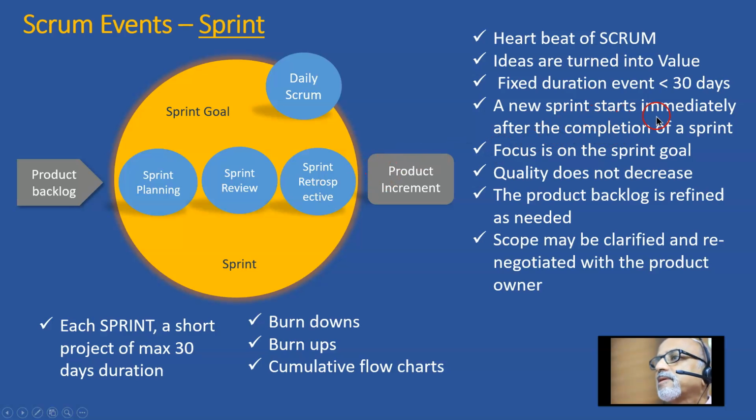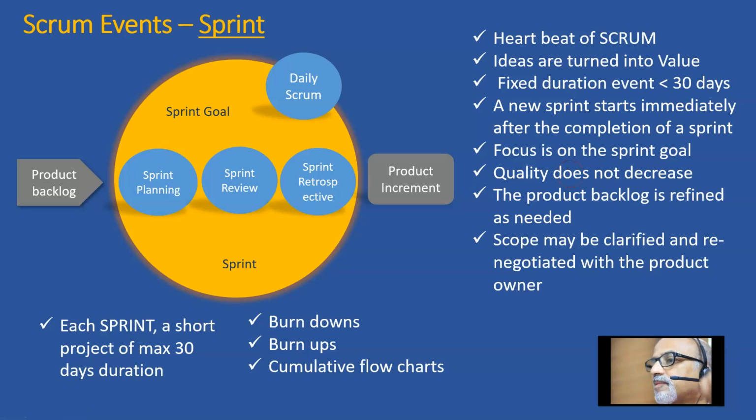A new sprint starts immediately after the completion of a sprint. As soon as one sprint gets over, the next sprint starts. Focus is on the sprint goal. So every sprint can have a sprint goal. And the quality does not decrease. In every sprint, we have to ensure that the definition of done is accomplished.